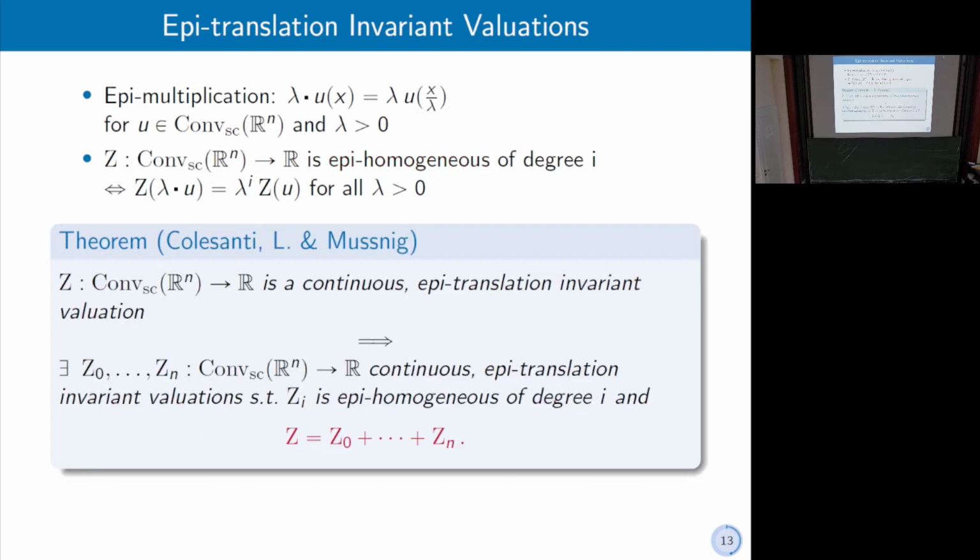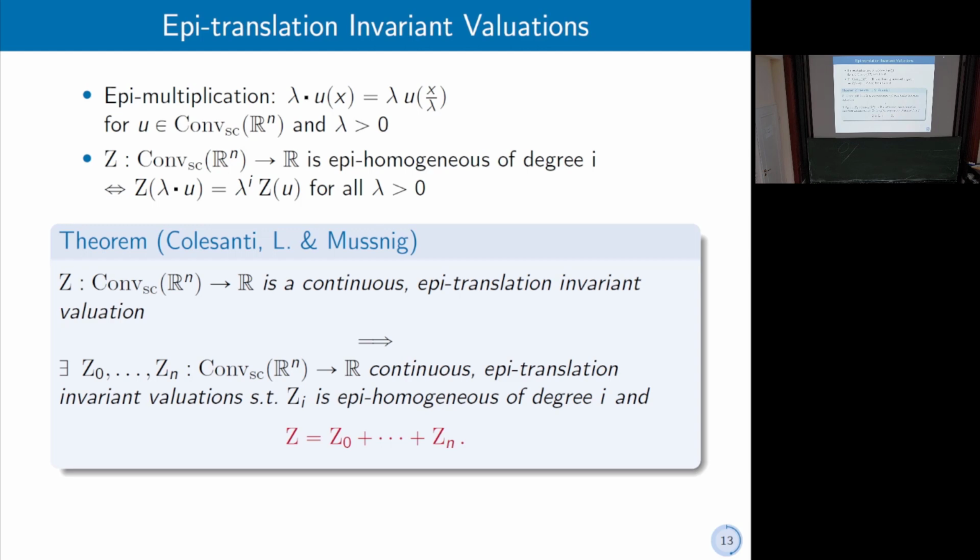And a while ago, together with Andrea Colesanti and Fabian Mussnig, we showed that if you have a functional on this space that is a continuous, epi-translation invariant valuation, then this implies that it can be written as a sum of homogeneous components. So this is something like a homogeneous decomposition.